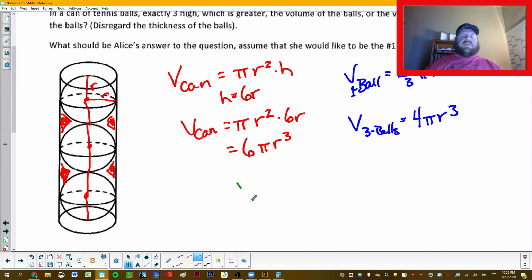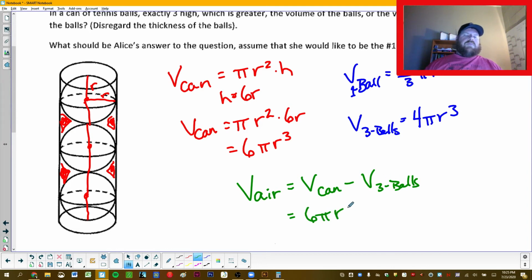So that tells us that the volume of the air is equal to the volume of the can minus the volume of 3 tennis balls. And we have equations for both of those. 6 pi r cubed minus 4 pi r cubed is equal to 2 pi r cubed.